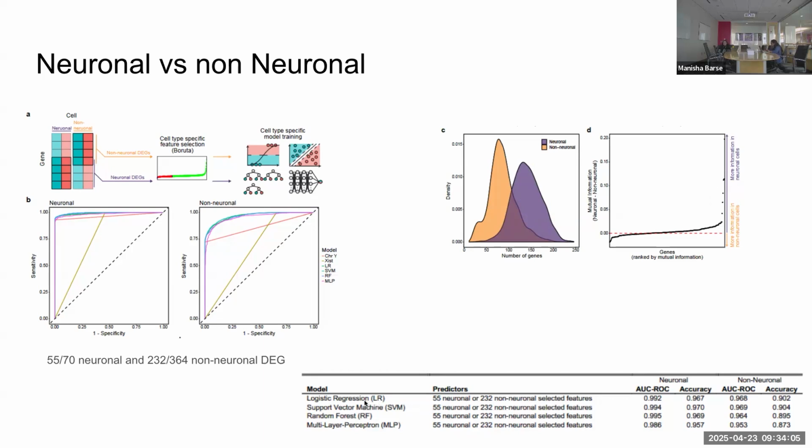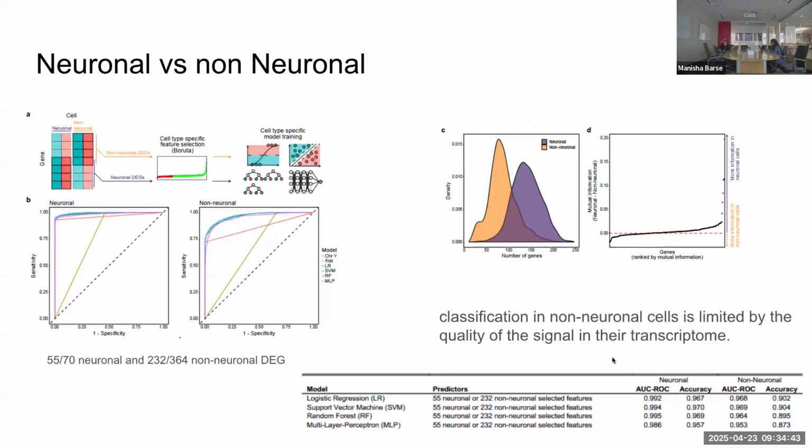So here they were trying to identify if the performance on the non-neuronal is due to the imbalance of the number of cells in these categories, but they see that the machine learning models show that the difference between the accuracy of the neuronal and the non-neuronal is very low, around 0.2, 0.3 in these values.